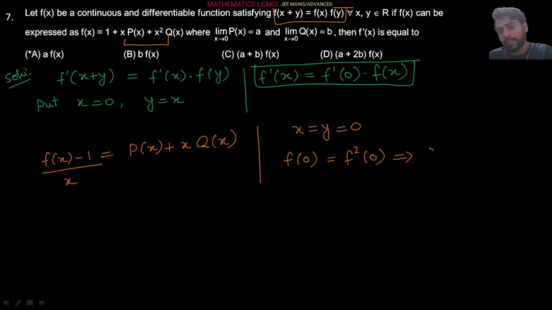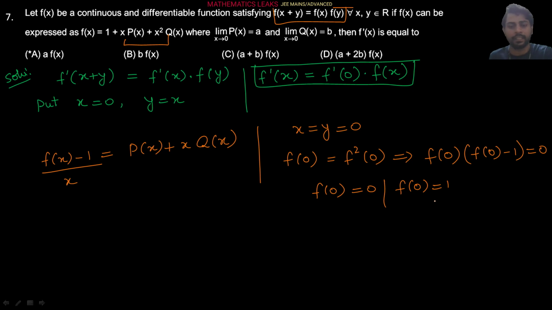That is nothing but f²(0) − f(0) = 0, so f(0) common, f(0) − 1 remains, equal to 0, everybody. So f(0) = 0 is one thing we are getting, and f(0) − 1 = 0 gives f(0) = 1, the second thing. Clear now?